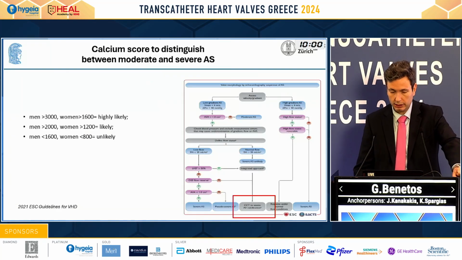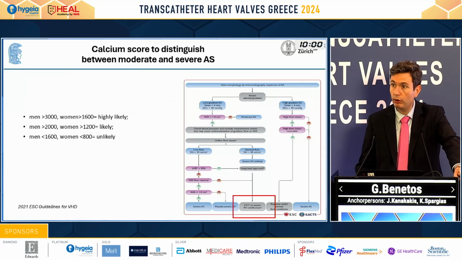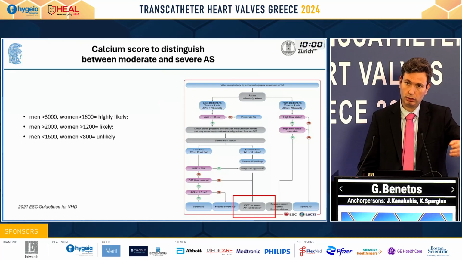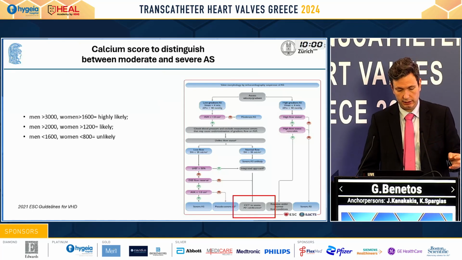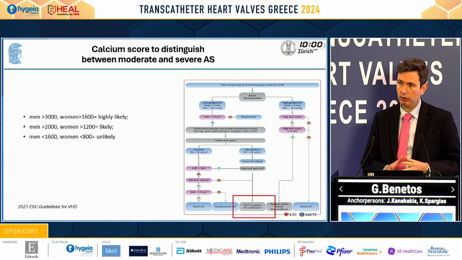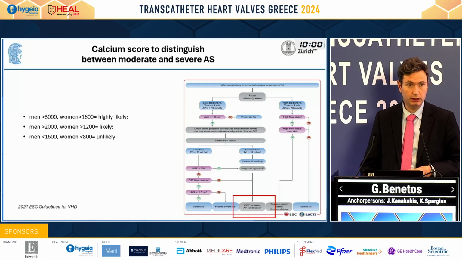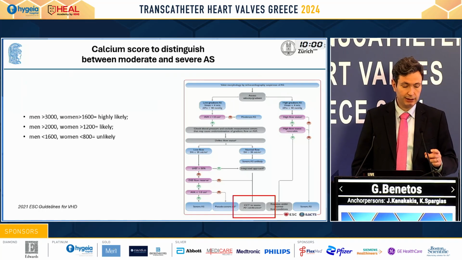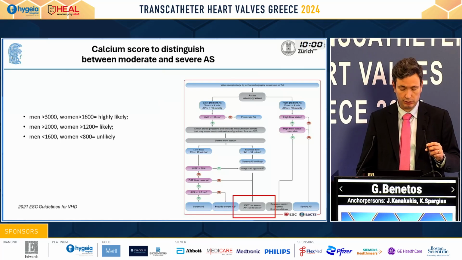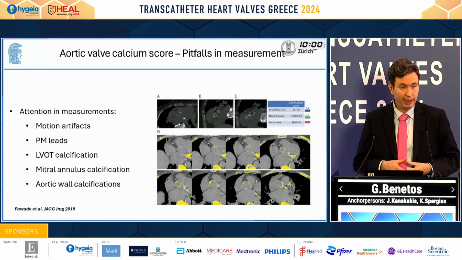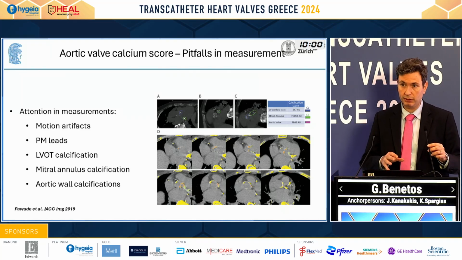These are the cases, as already mentioned, with low flow, low gradient, with normal ejection fraction, or with reduced ejection fraction but without stroke volume reserve in stress echo. We have two thresholds: more than 2,000 in men and more than 1,200 in women. Most of the time it is regarded as severe aortic stenosis, and this helps us to proceed with these difficult cases.